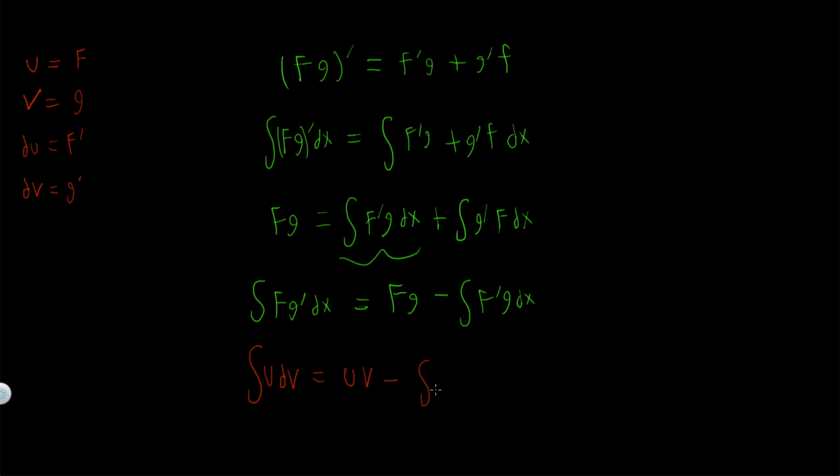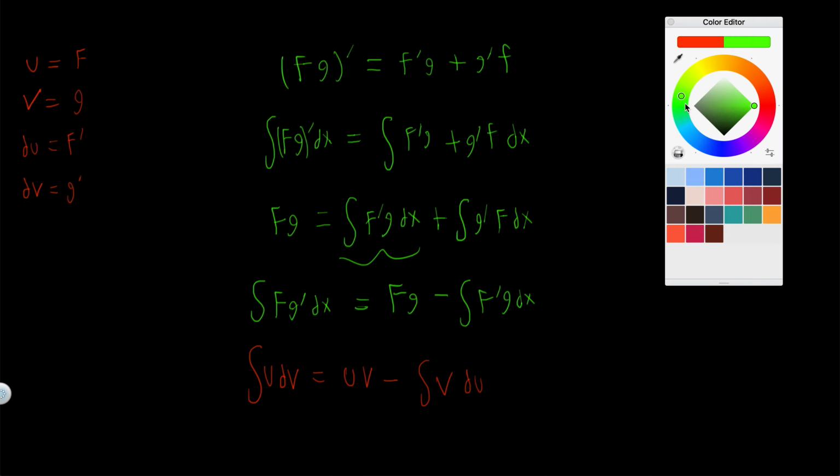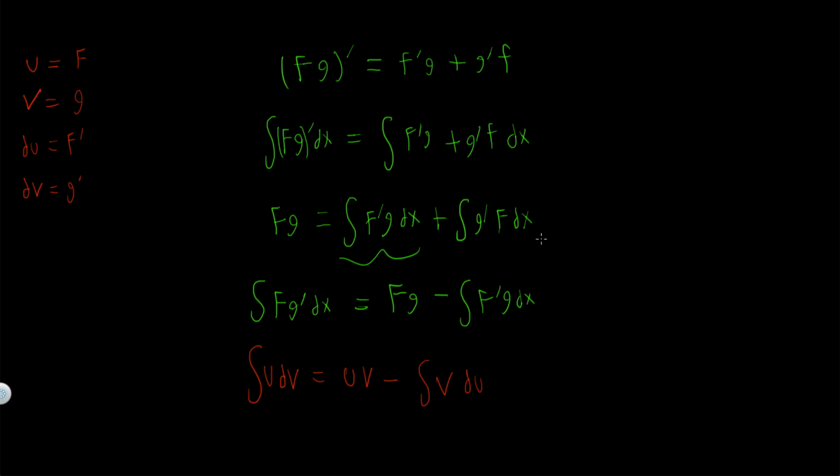This is going to be v du, right? f prime dx is du. So we get the integral of u dv is equal to uv minus the integral of v du. And in this case, one thing to note, and I'll show you why we're noting this in a second. Remember that the integral of dv is simply equal to v, right? This is something important to know.